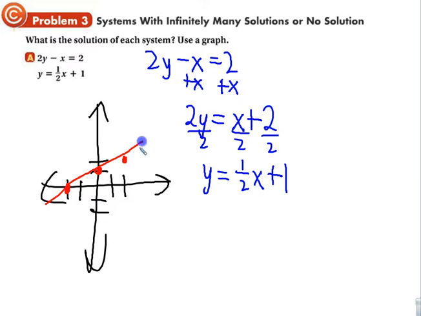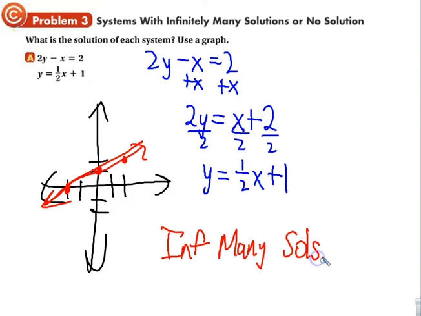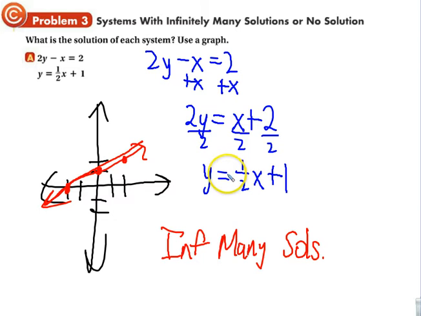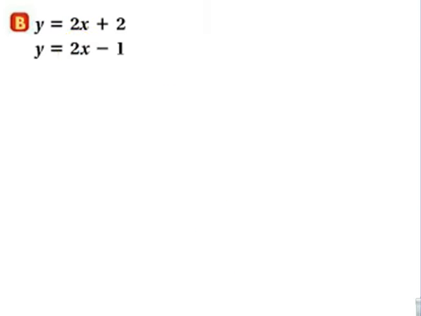That's the graph of the line, but they're both the same. So this one has an answer of infinitely many solutions. Since both equations turn into the same equation, every number works for both of them. What do you notice about these two equations?